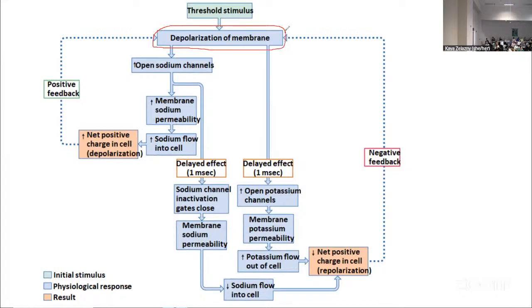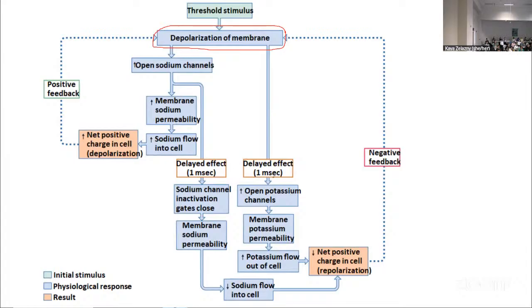We know that this is going to eventually cause a spike up to positive 30 as sodium comes into the cell. And then eventually we're going to fall back down to rest and even below as potassium starts to leave. So we can see why that's happening in that order.